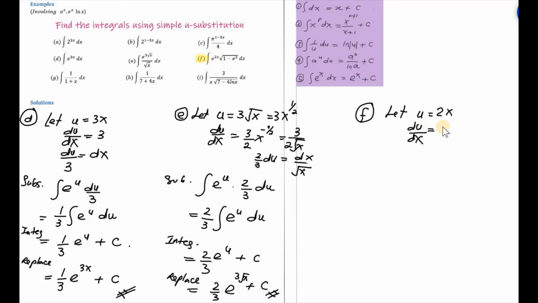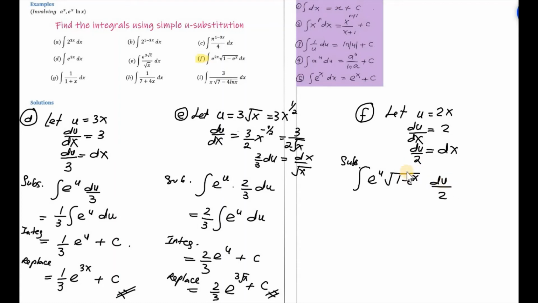So we differentiate, we get 2. So we replace our dx here, which is du on 2. See what happened? Do we manage to get it as a single term u? So we substitute the x into u. Here we have e power u, here we have 1 minus e power x, and the dx is du on 2.